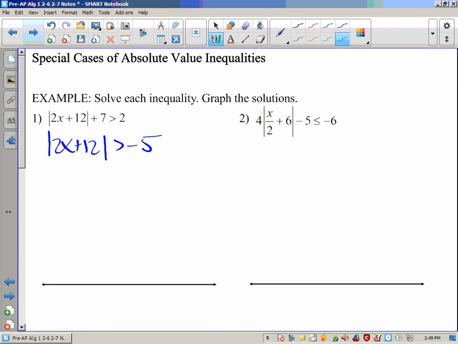Doesn't matter what I put in for x. I could put 1, 5, 1 million, doesn't matter. I could put -1,000. When I take the absolute value, the answer will be positive. This is always true or infinite. Actually, we wrote it as all real numbers on the other page, so that's how I'll write it here.